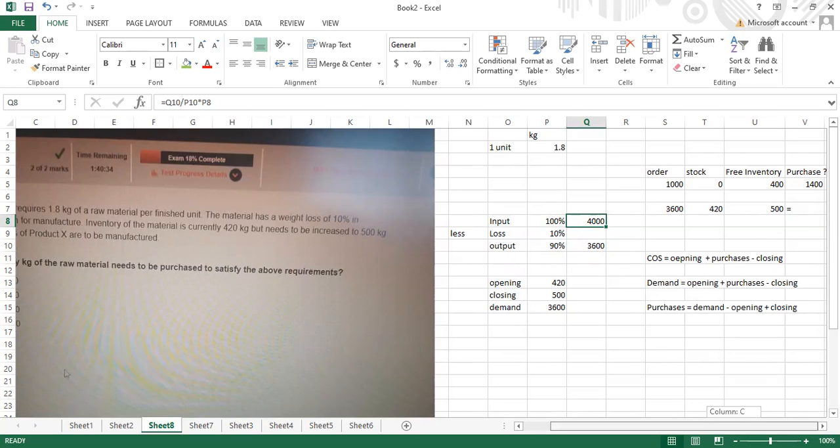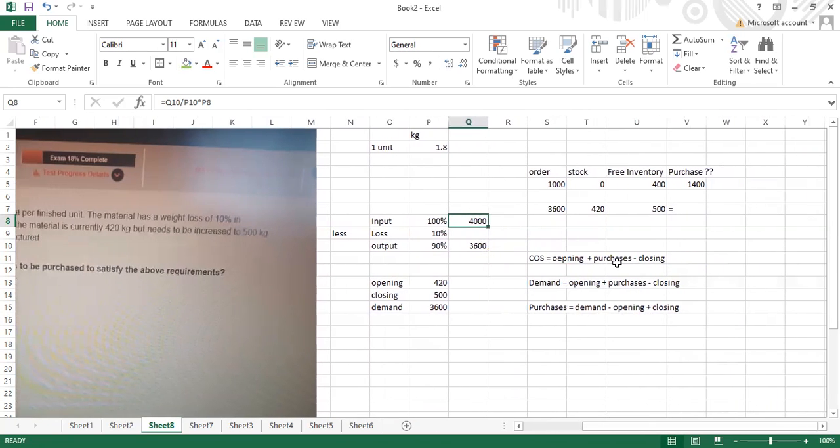So what you are supposed to write here, you can see that this is not your actual right now, because if there was no loss, then you could take it like this. But 4000 is the thing that you are going to write: 4000, 420, and then 500.